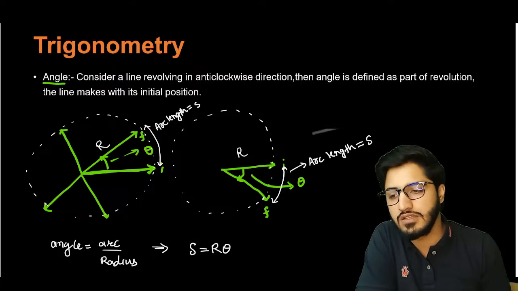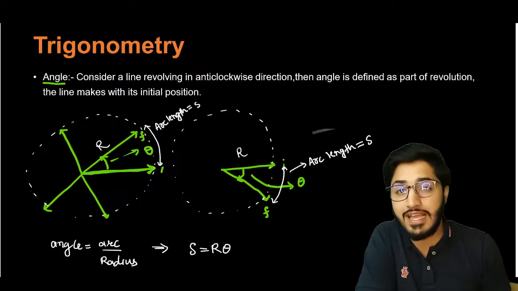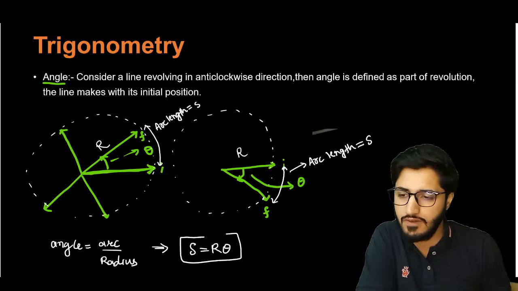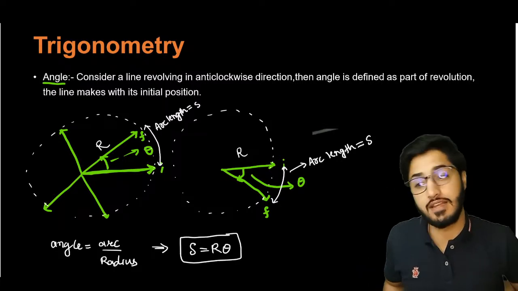That is, arc length is equal to radius into angle. Okay, this is the formula to measure the angle.